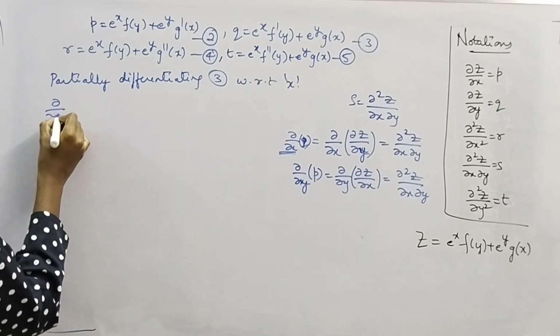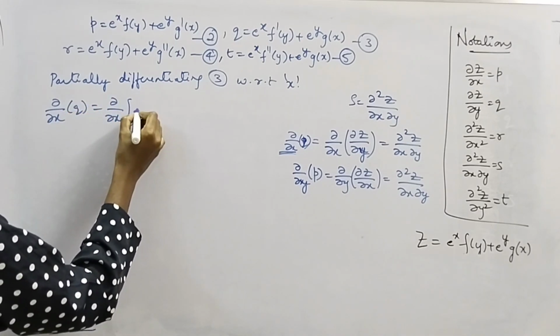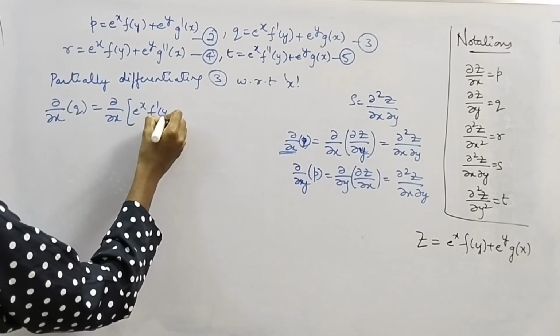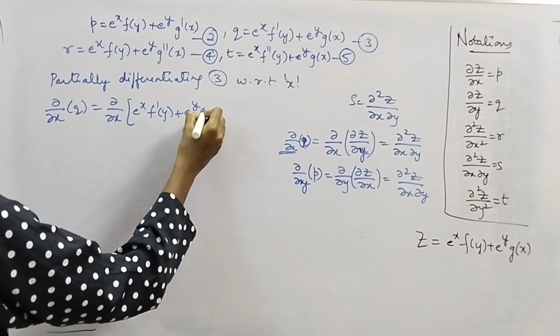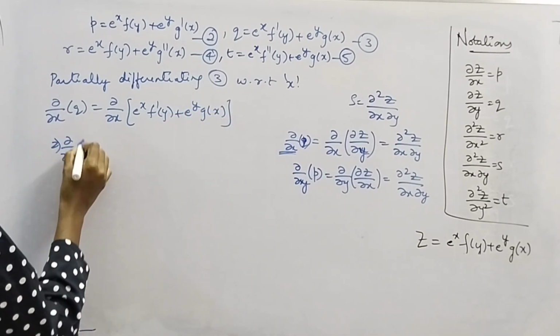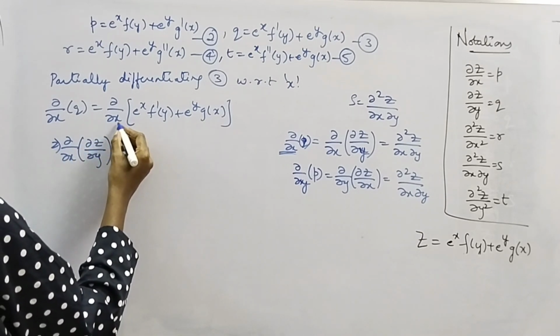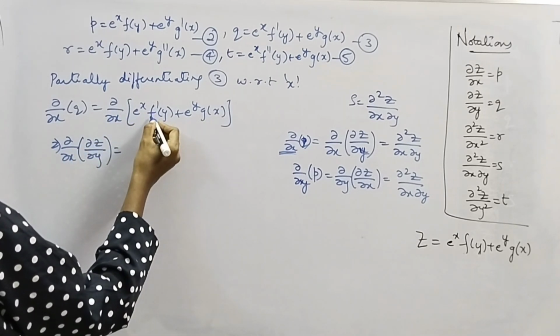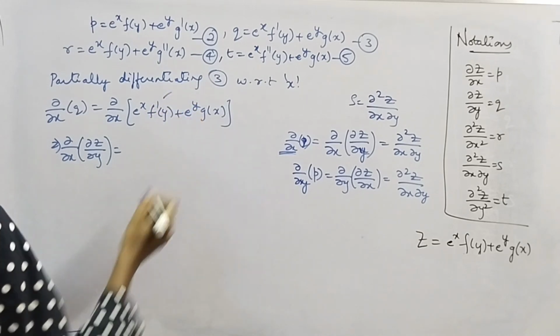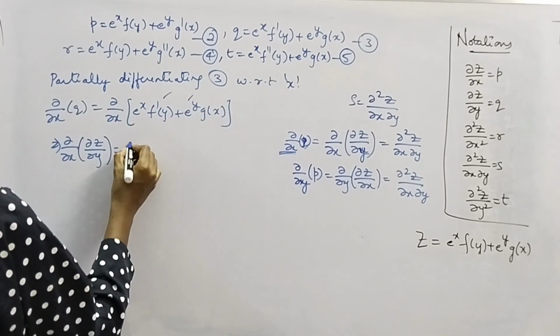So ∂/∂x of q equals ∂/∂x of the RHS part of equation 3. This gives us ∂/∂x of q, which is nothing but ∂z/∂y, equal to, here we are partially differentiating with respect to x, so we'll treat y as constant. f'(y) is treated as constant, here e^y is treated as constant, right?